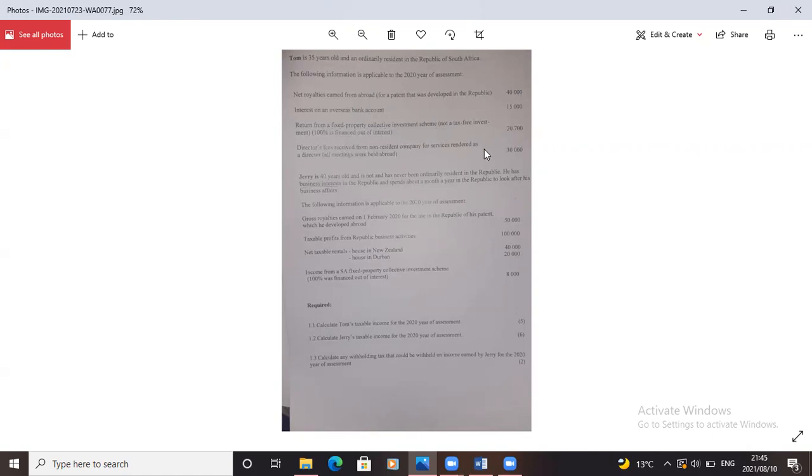from a non-resident company. Remember, since residents are taxed on their worldwide receipts and accruals, whatever income you see, even if it is from abroad, from any other country or an overseas bank account, as long as the person is a resident, we tax them on all the income they receive.